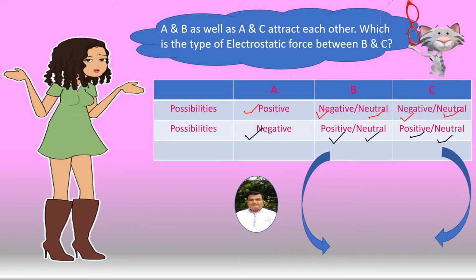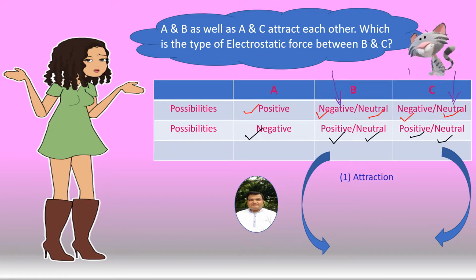Look into the forces. If B is negative, say C is neutral, what about the interaction? Attraction, because whether the body is positively charged or negatively charged, it is also attracting the neutral light object. This is one possibility.